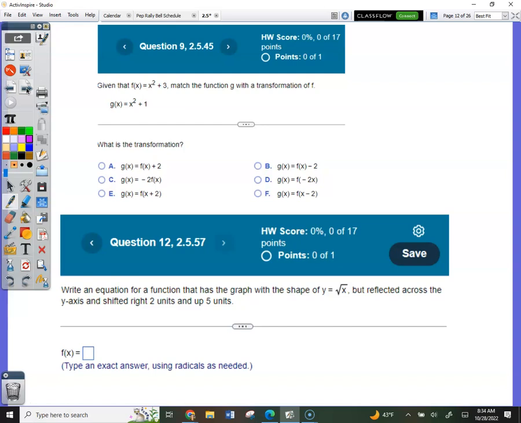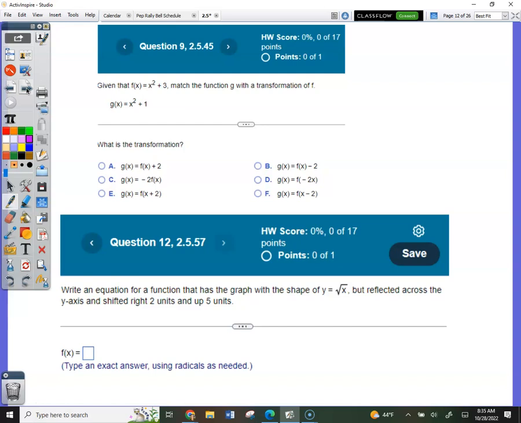9 looks really confusing when you read it, but if you will read it twice, you'll understand. It's simply saying, hey, here's function f, here's function g, match function g with a transformation of f, which means which one got transformed. Match function g with a transformation of f.